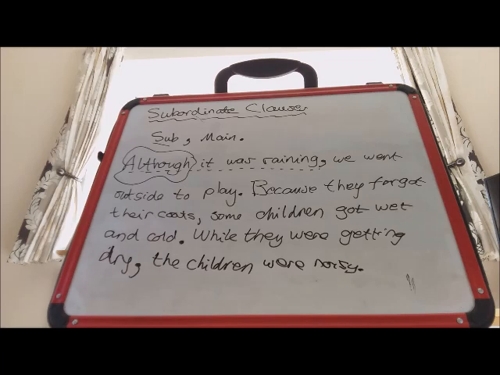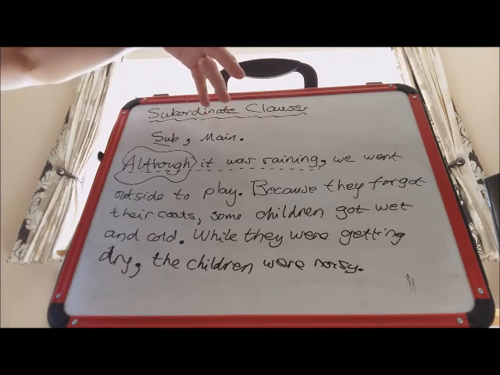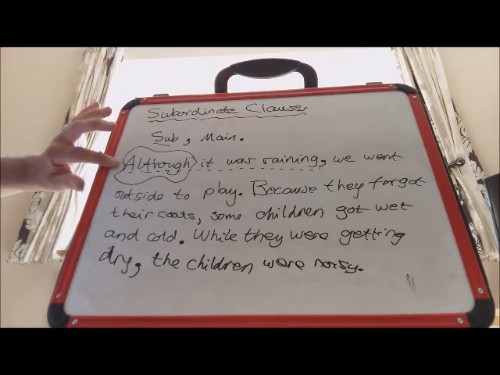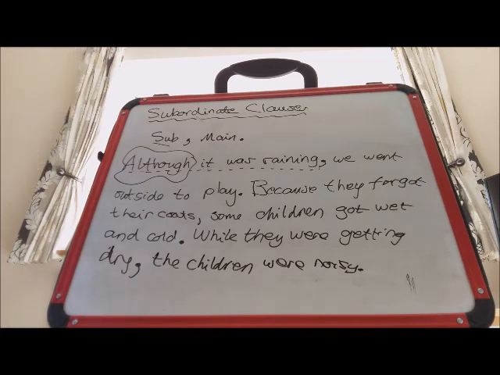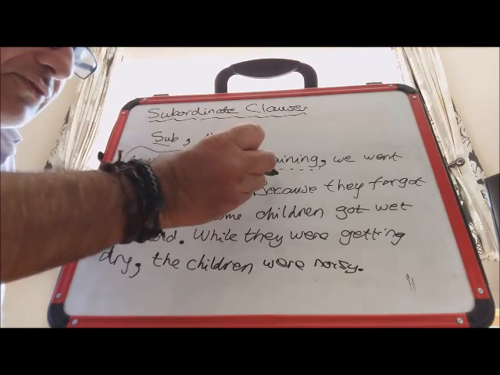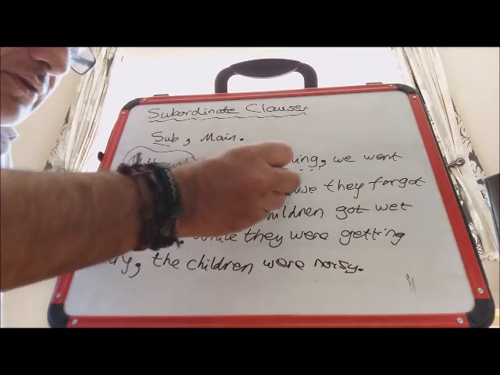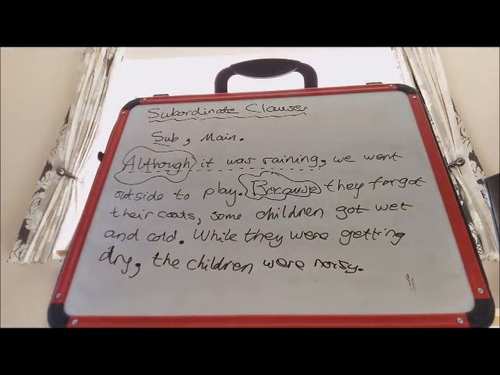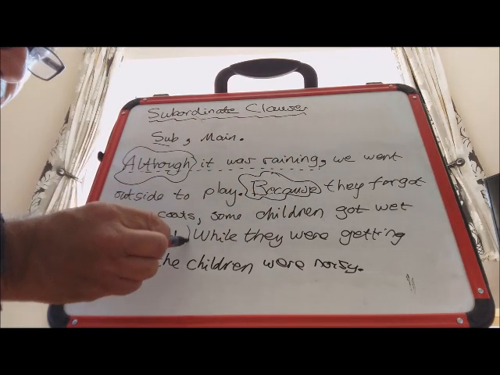Right, so boys and girls, first thing I want you to do is to think about where are the subordinating conjunctions. There's one of them, and there's two more. Can you see where they are? Have a little look, think about it. Well, one of them is this one here, because, and the other one, here it is, while.